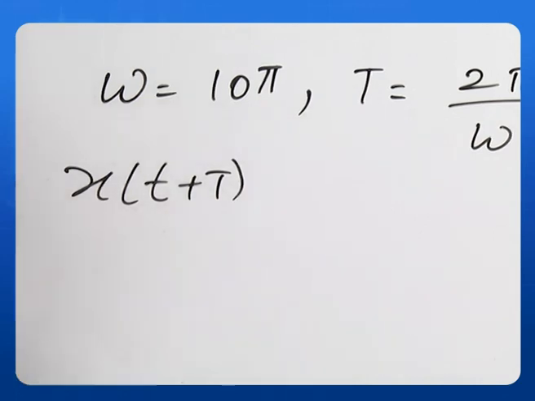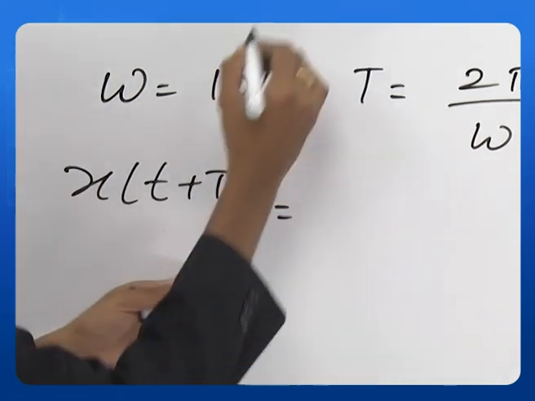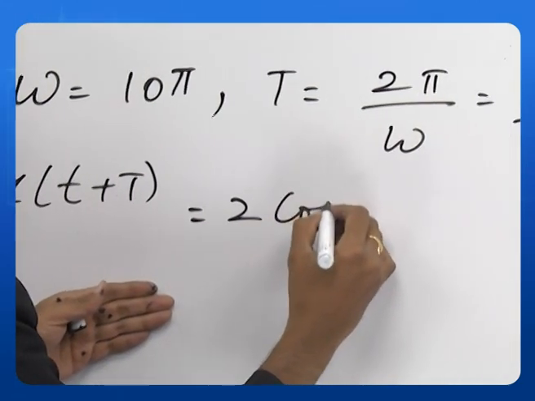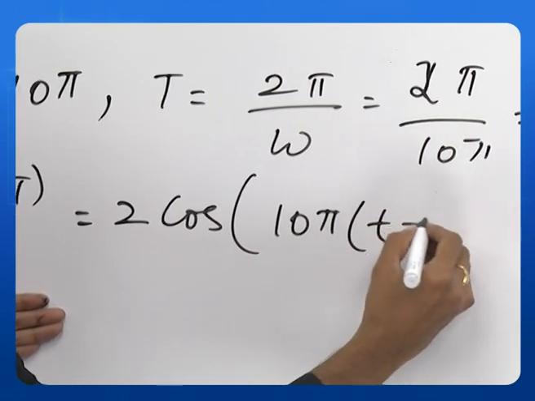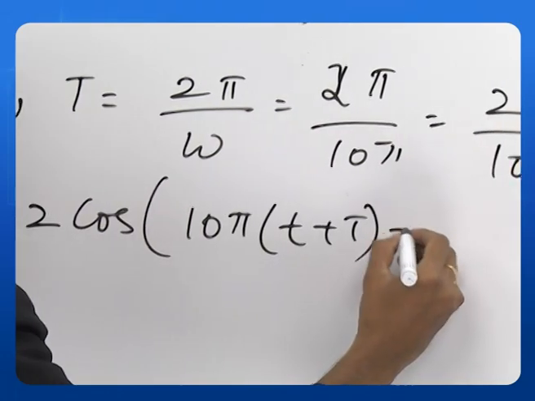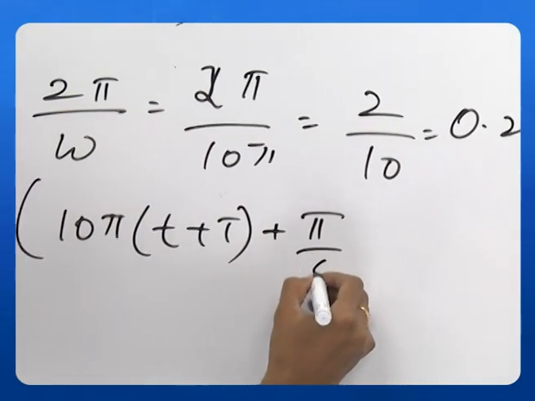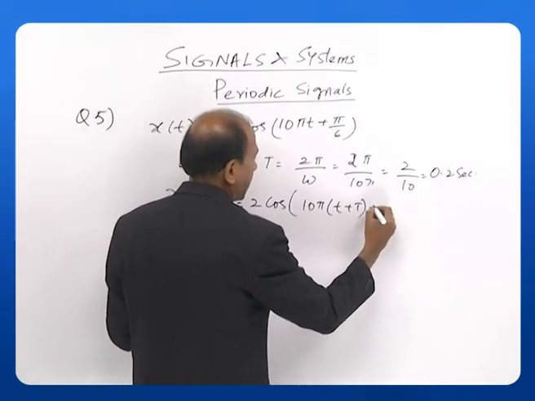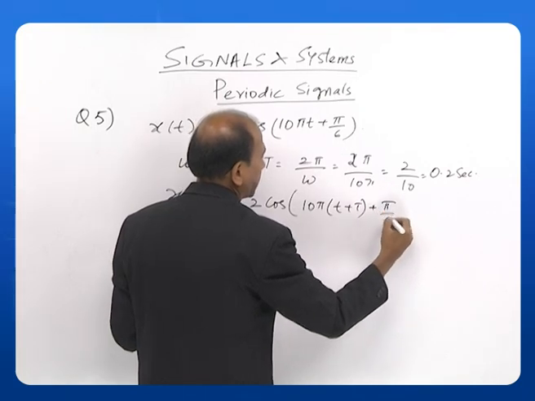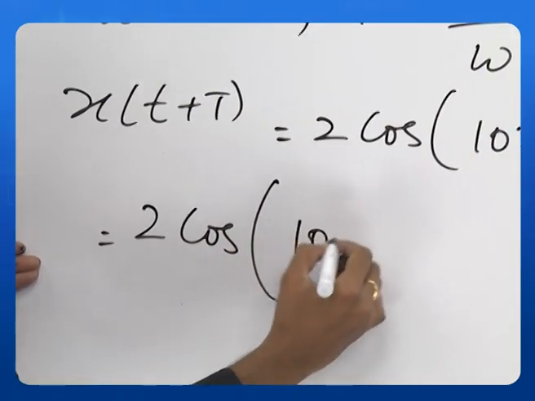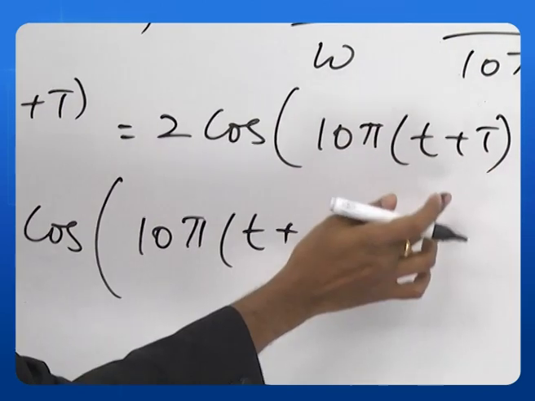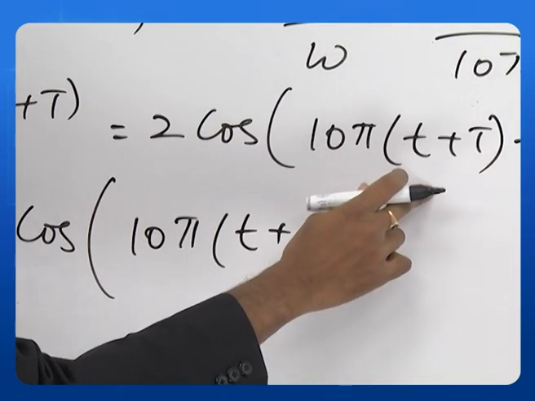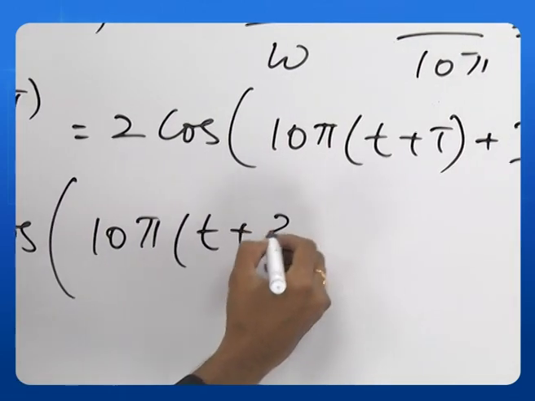Now we will take the condition for periodicity and in fact establish that this is a periodic signal. So what is x of t plus T now? X of t plus T is equal to 2 cos (10 pi into (t plus T) plus pi by 6). So this is equal to 2 cos of 10 pi into (t plus, what is T here?